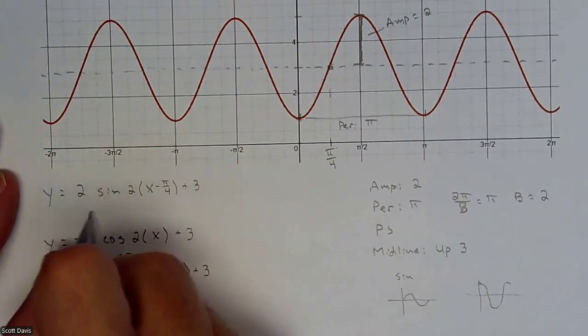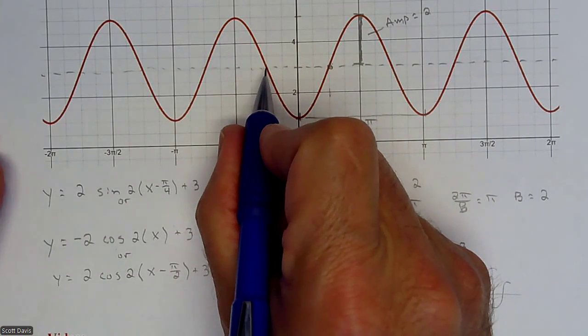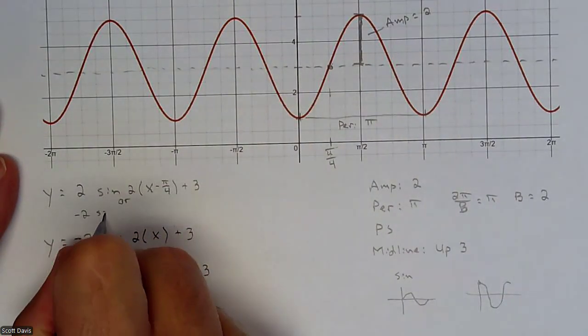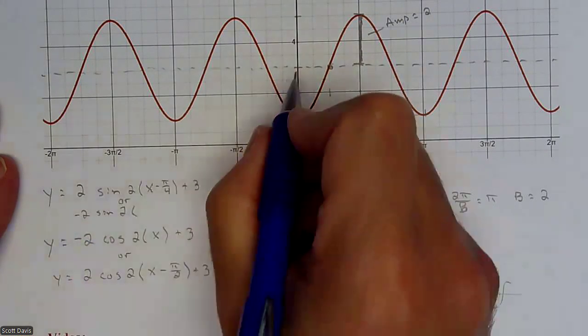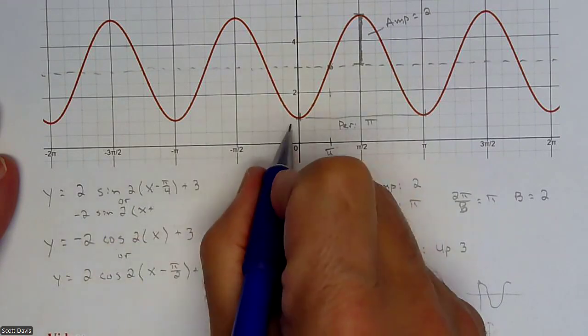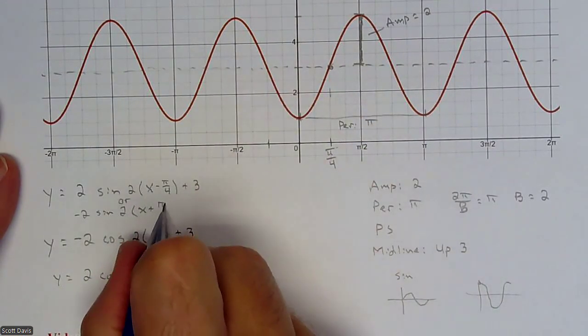And let me go back to this one. If we wanted to reflect it because we wanted to shift it back here for whatever reason, then a negative 2 sine 2, we would be shifting it left. So that would be an x plus, and then we would still be at that pi over 4 mark.